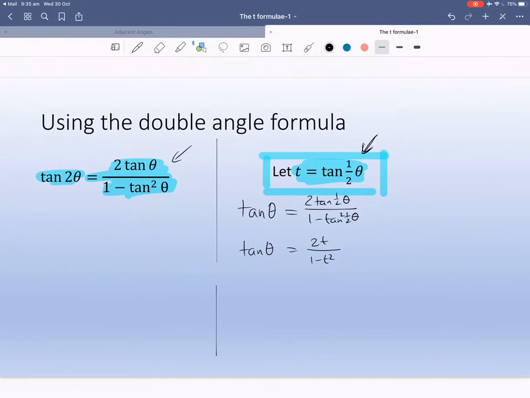But what do sine and cos theta equal? We need to go through a little bit more of a process with that. So with sine theta, the double angle formula will be 2 sine half theta cos half theta. Now I'm going to do some manipulation.